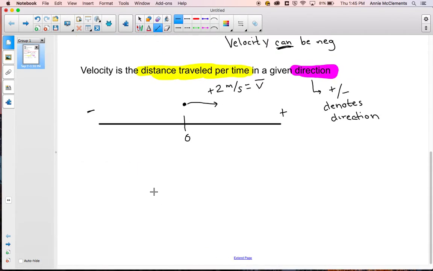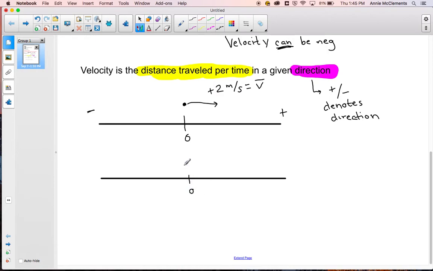Same thing, number line. We again have a particle starting at the origin. I'm going to call this side the positive side again just to keep it consistent. This side will be our negative side, again for consistency's sake.